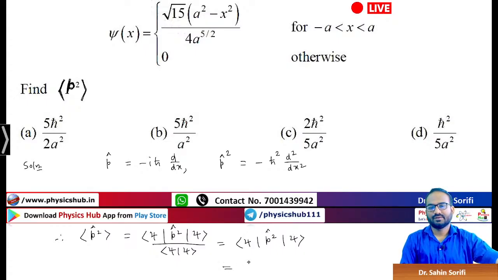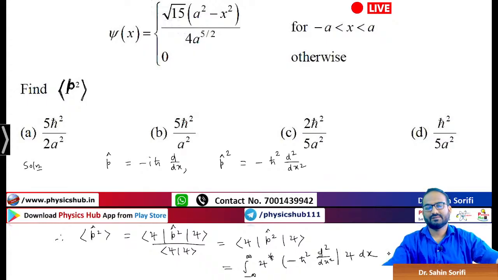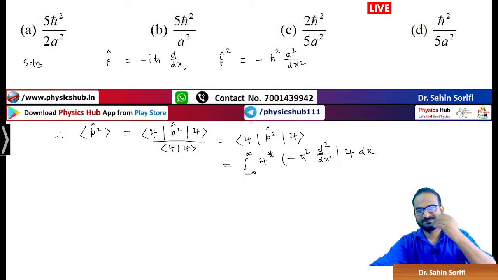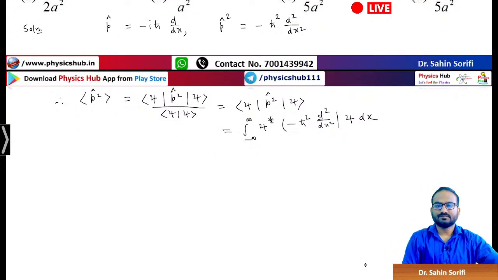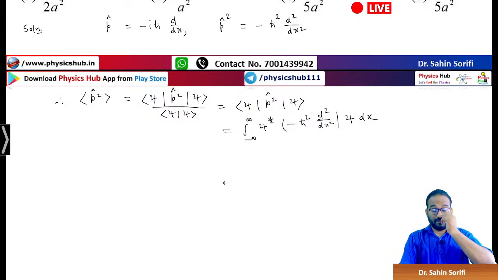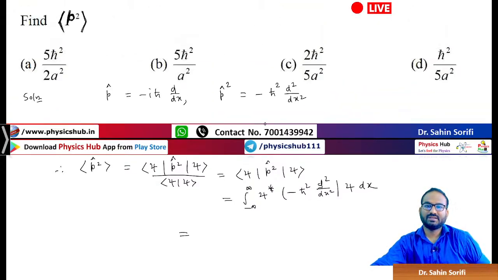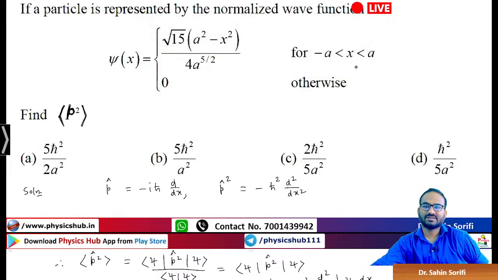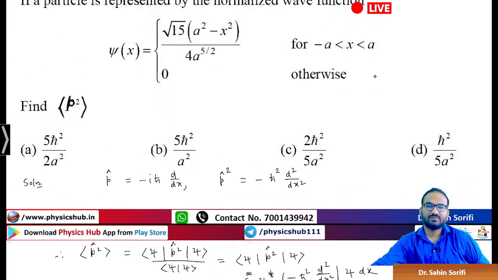Minus infinity to plus infinity psi star p square psi dx. The value of psi is non-zero only between minus a to plus a, so the integration limit will be modified to minus a to plus a.